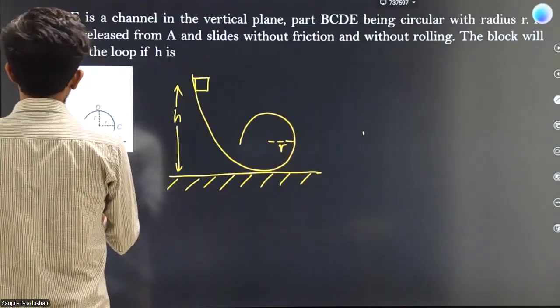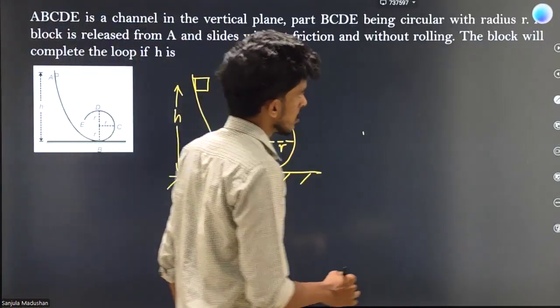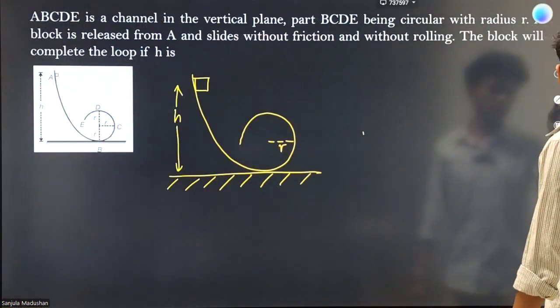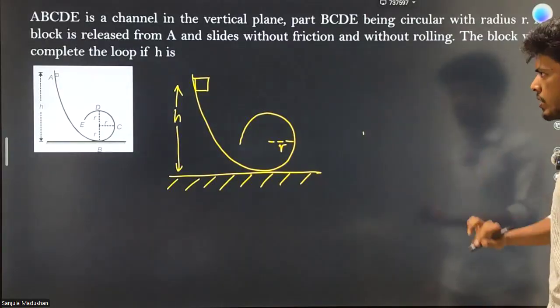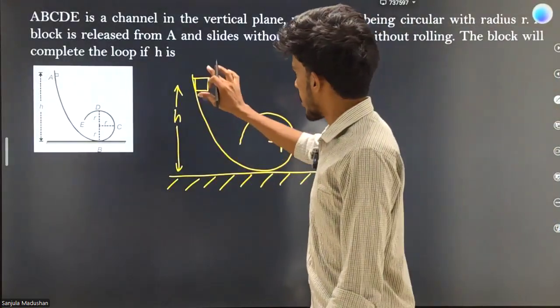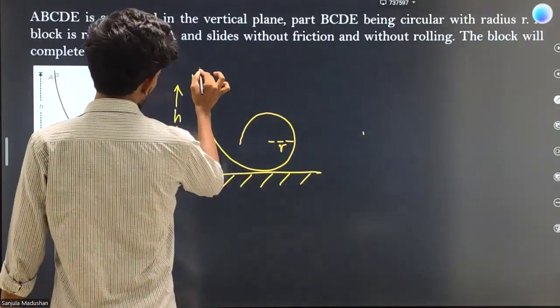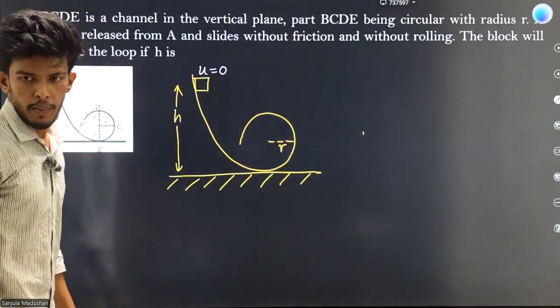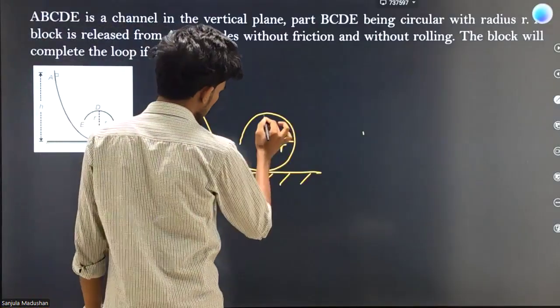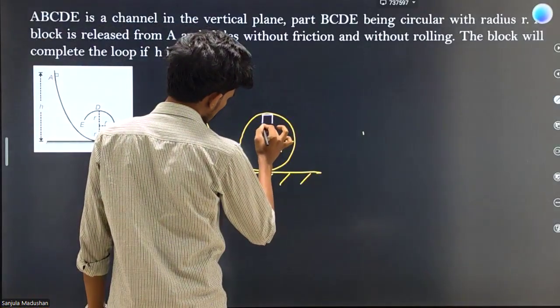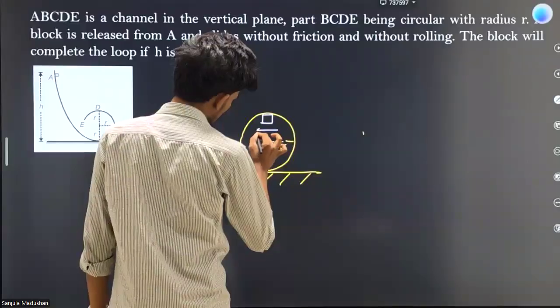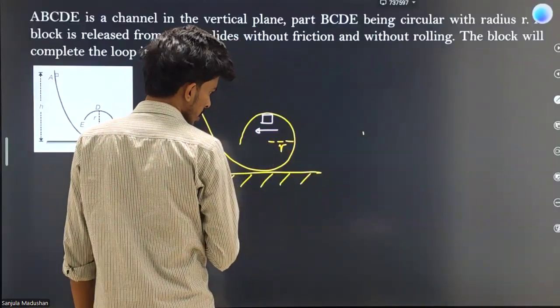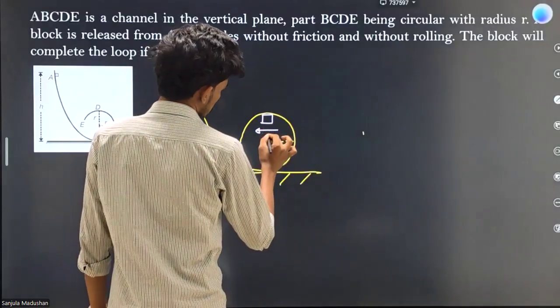So let me first use the energy conservation. The block is released from this point initially at rest, but when it moves up to this place, it will get a velocity of v.